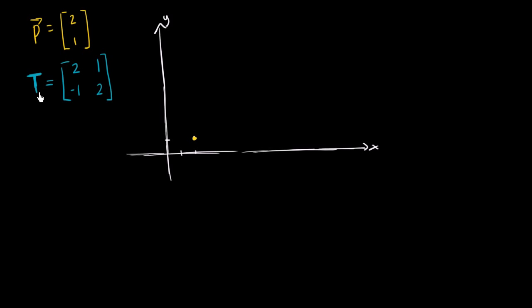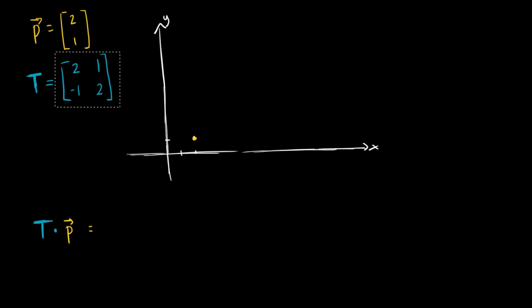So what happens if I multiply T times p? And let's do that right over here. T times p. So first, let's just make sure that this is actually a valid operation, that matrix-vector multiplication is defined here. So let's just look at what T and p look like.